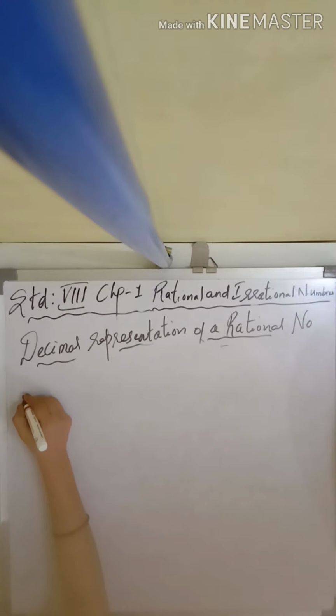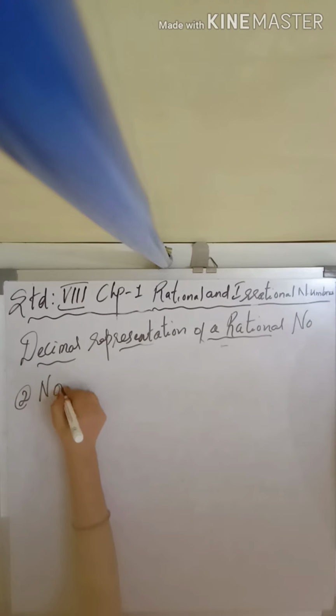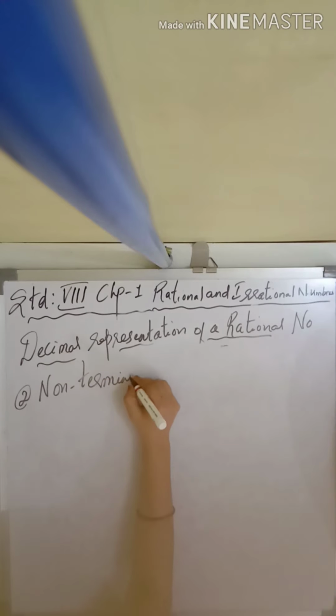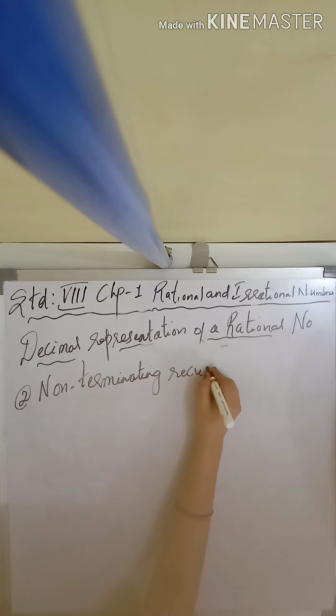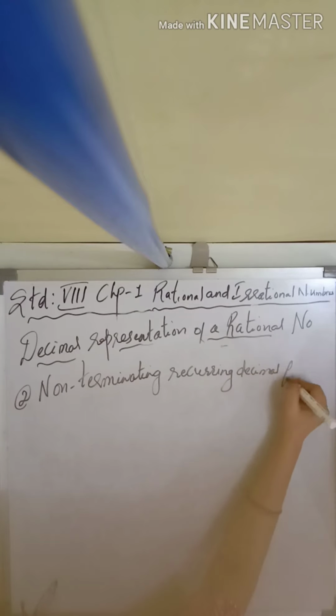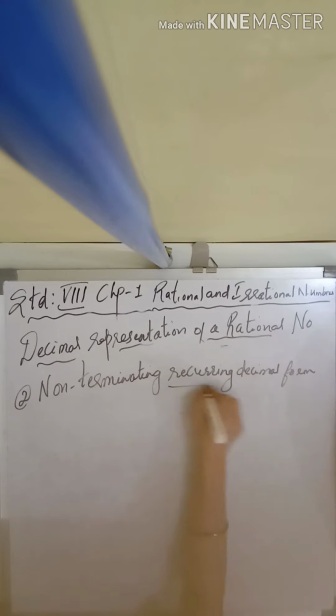Now, the second type is non-terminating recurring decimal form.